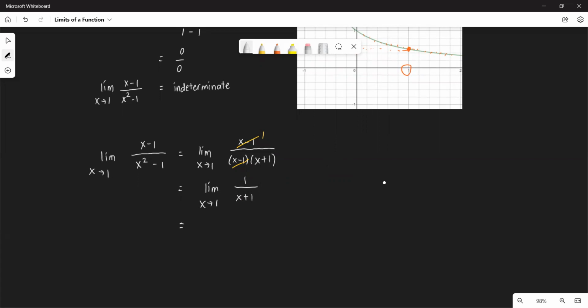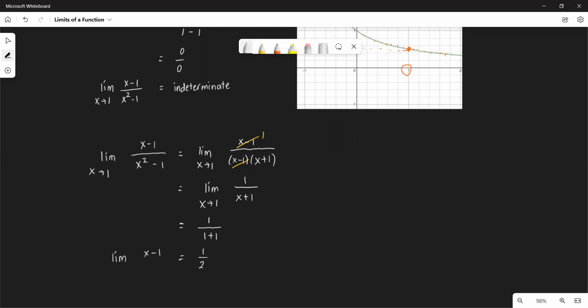Okay, so using the properties, we have limit of 1 as x approaches 1 is 1. And then limit of x as x approaches 1 is also 1. And then plus limit of 1 is also 1. So we have 1 over 2, or 1 half. So there is really a limit.